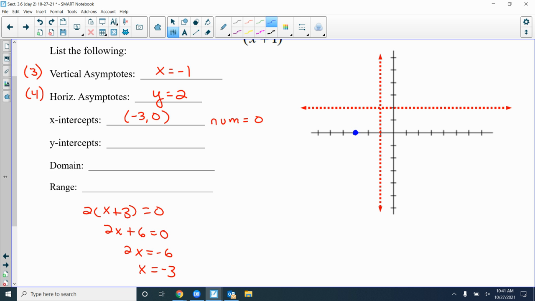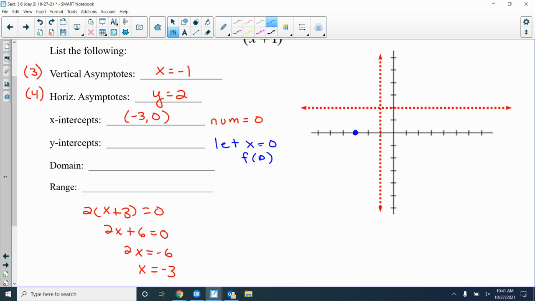All right, y-intercept. And this goes back to 8th grade algebra or 9th grade algebra. Let x equal 0. All right, what do you get when you plug in 0? That's the same thing as f of 0. All right, well, what do you get? 6?